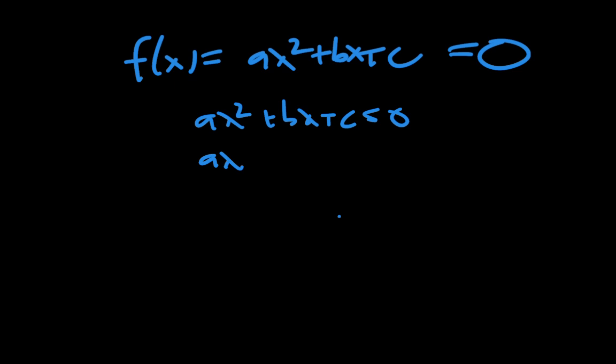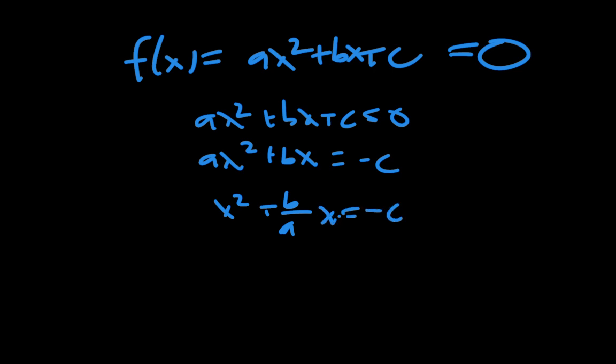We can move the constant to the other side, divide out the a, and now we do a process called completing the square.